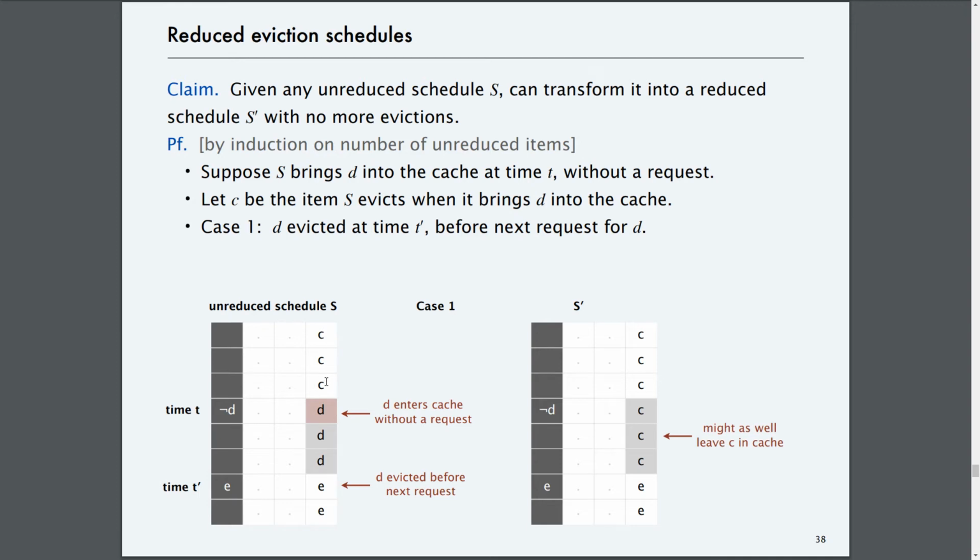So like here, we have C, D was not requested here, but we still brought it into the cache, and then it remains in the cache until it is replaced by E, and it was not requested before this time. So here we could have just had C.